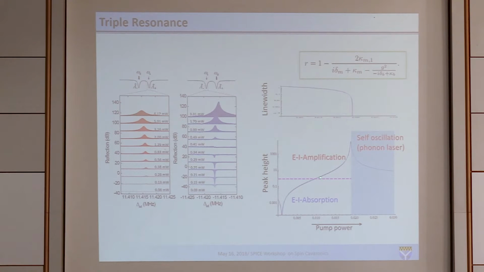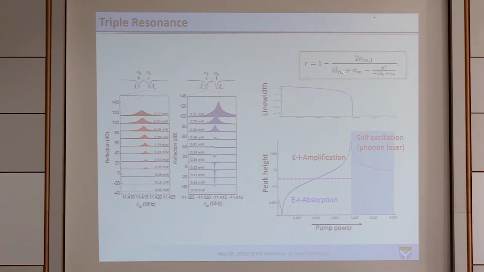And you also have a parametric gain if the energy gain from this coupling cancels the loss of this mechanical mode. In this region, you can have magnon-mechanical gain.